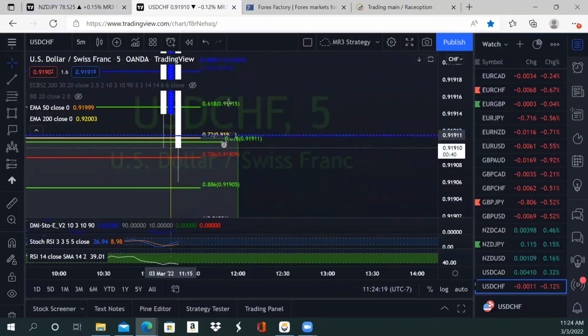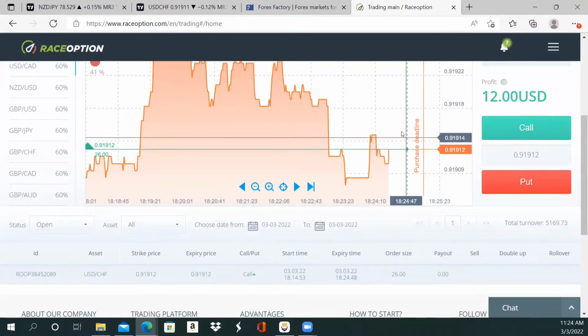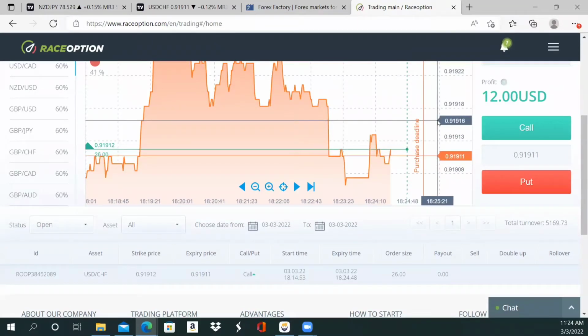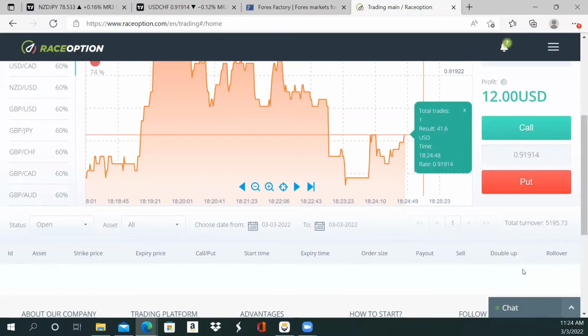Okay, so prices are fluctuating within the area. It should just jump up right now because it already made its 886 level going up or down. There.